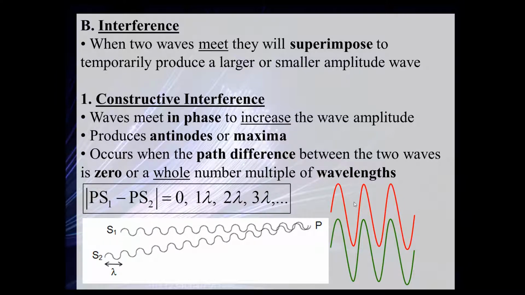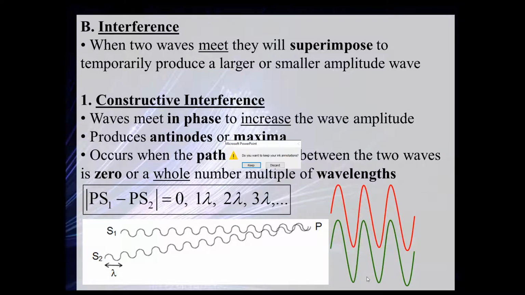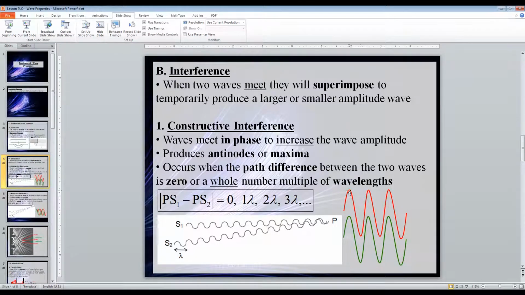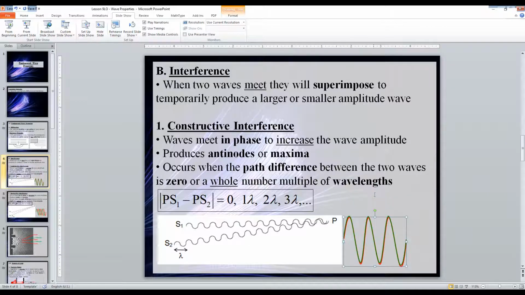I'm just going to end the show so I can manipulate the actual shapes. I'm going to take this top wavelength and put it over top of the bottom one here. Let's go back to the slide actually.